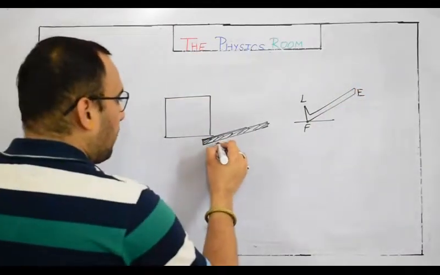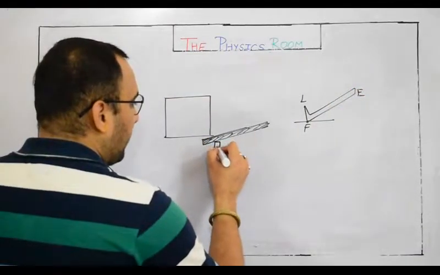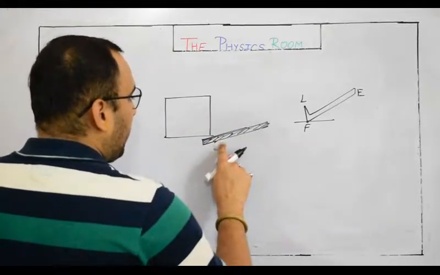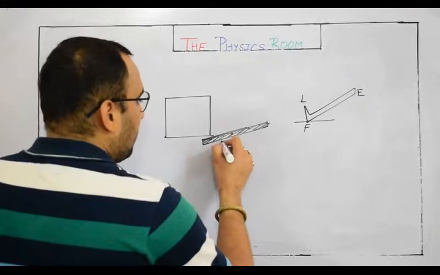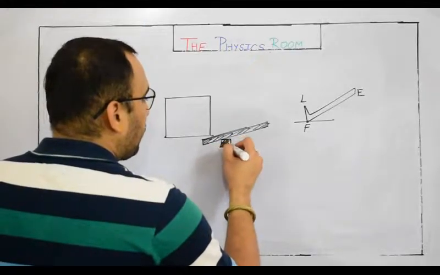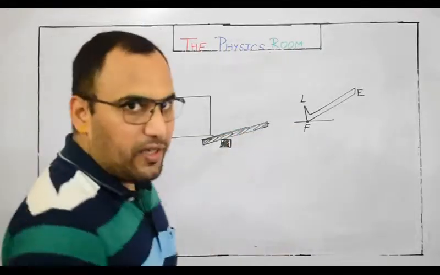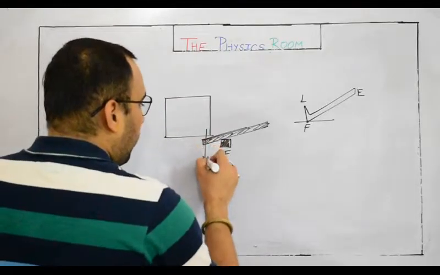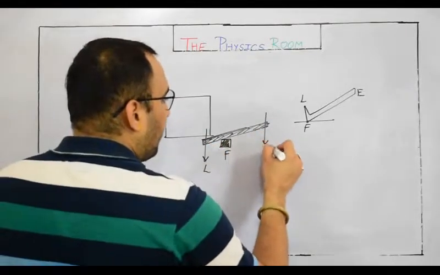Okay, in this rod we have to place a brick or some kind of rigid body to act as a fulcrum point, right? So we have placed a brick, and you will see why we place the brick closer to the load point, not closer to the effort point.